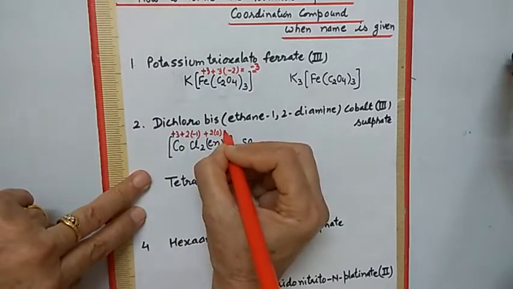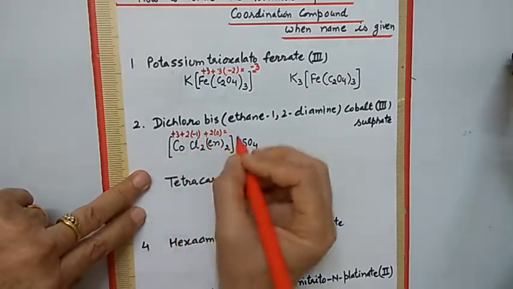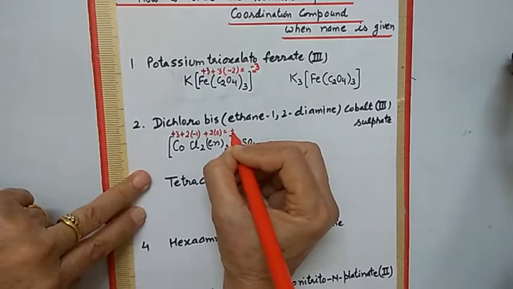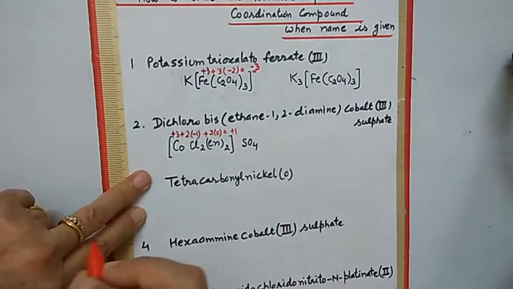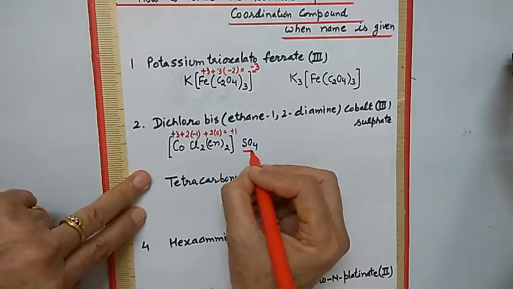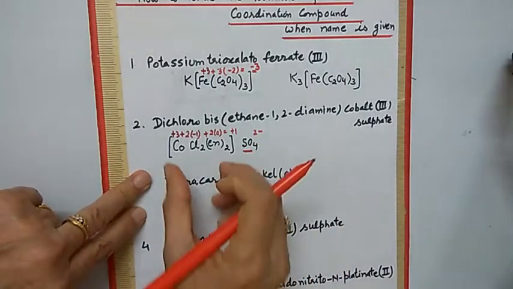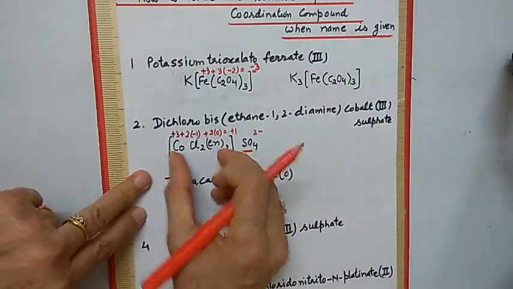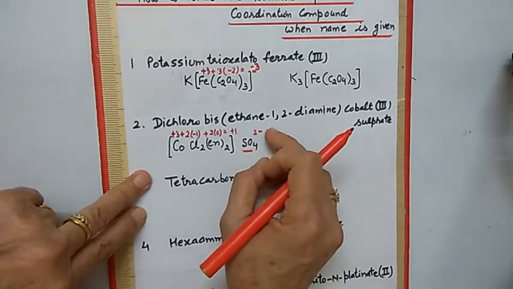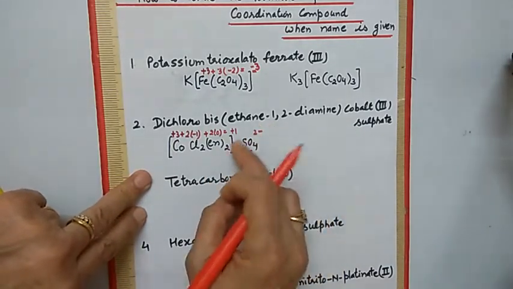So the net charge is 3 minus 2, that is plus 1. Clear? But the sulfate ion has charge 2 minus. The complex ion has 1 positive, sulfate has 2 negative. In that case, how do we balance the charges?